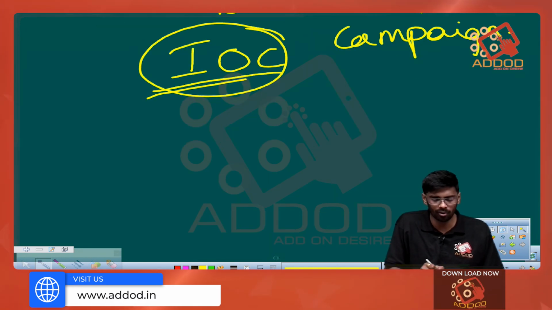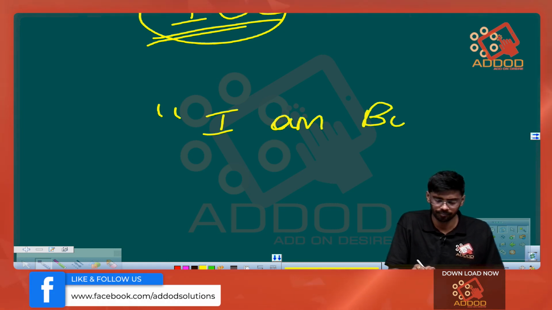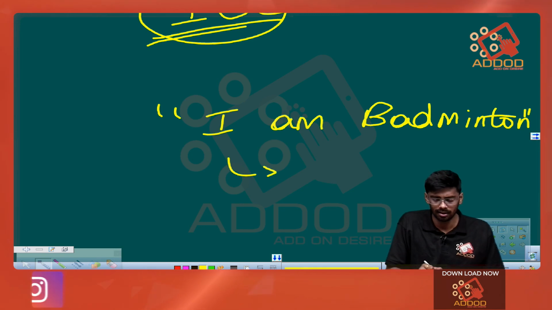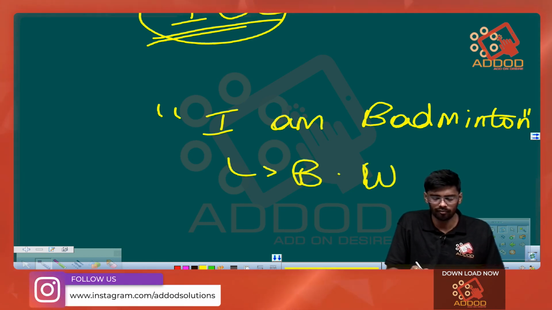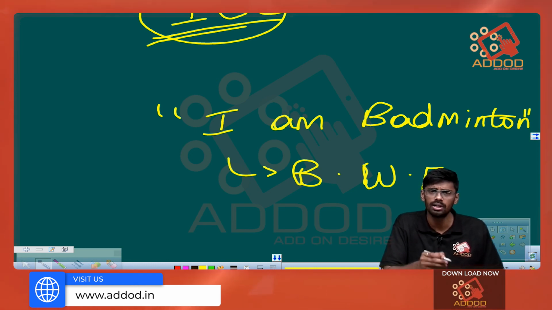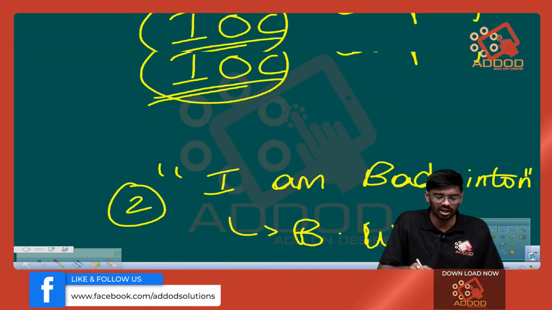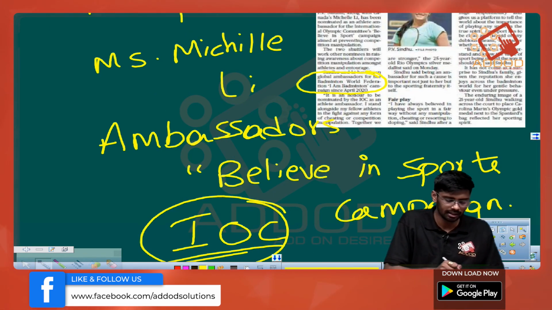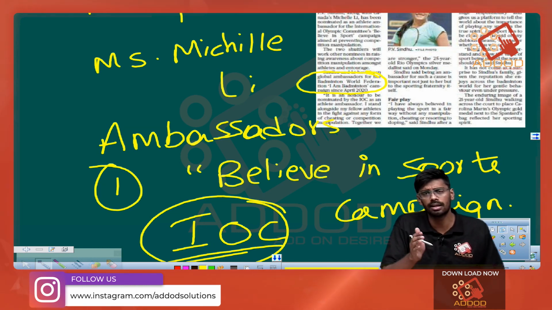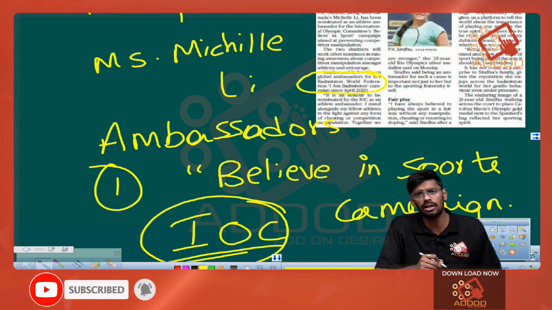So there is one more campaign called I Am Badminton, and this campaign was brought by the Badminton World Federation, and both the women we have discussed earlier are also the global ambassadors for this campaign. So we have two campaigns by different associations, but we have the same people being the global ambassadors for both these campaigns. And with this, we have come to the end of this session.